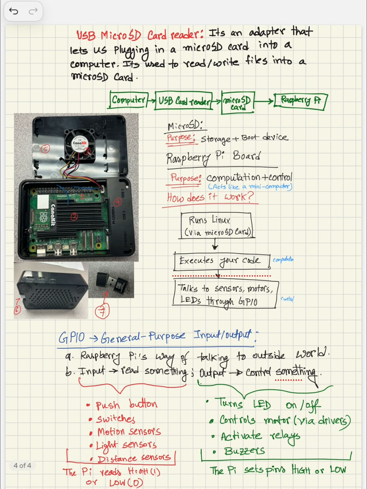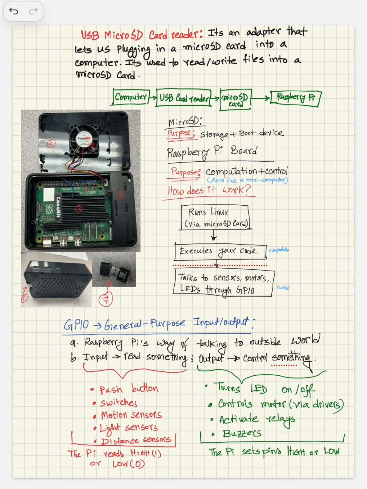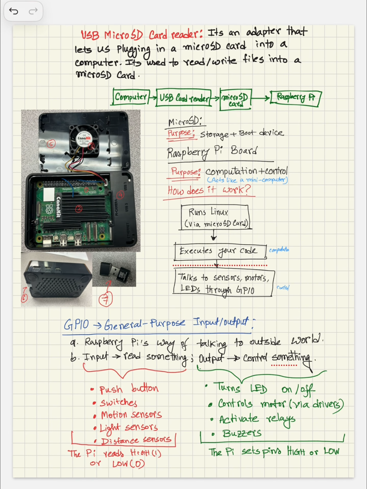After we get all the data, information and operating system from our computer using the USB reader, that goes to the Raspberry Pi board, which is this green one. So again, what's the purpose of the micro SD card?